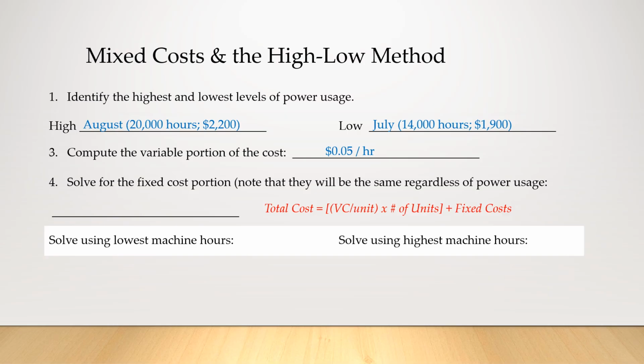Our total cost using the lowest hours was $1,900. Our variable cost per unit is 5 cents per hour. The rate will be multiplied by the corresponding number of units for the month, or in this case, 14,000 hours.